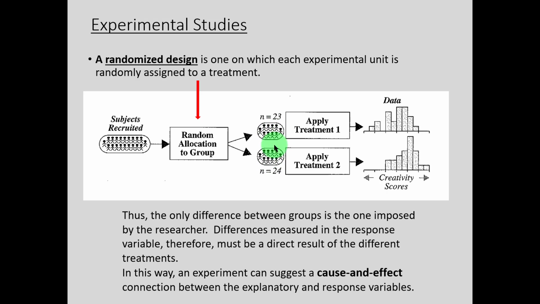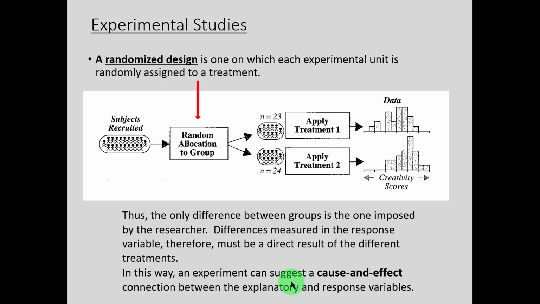You would probably also want a mixture of ages or other background information, again, so that the groups are pretty similar and the primary difference between them is the treatment that was imposed upon them.